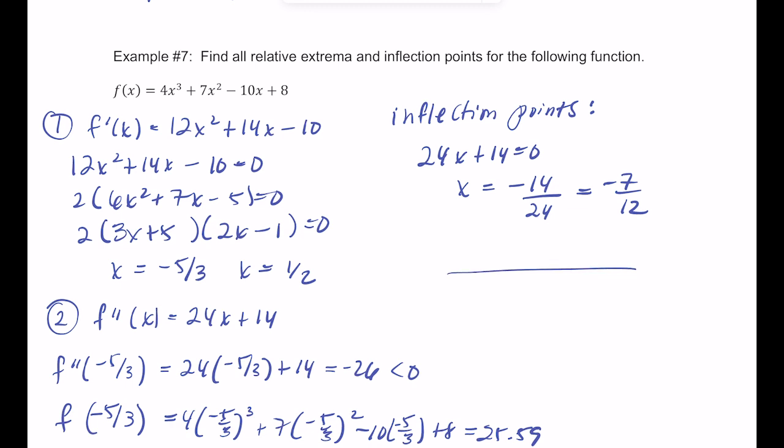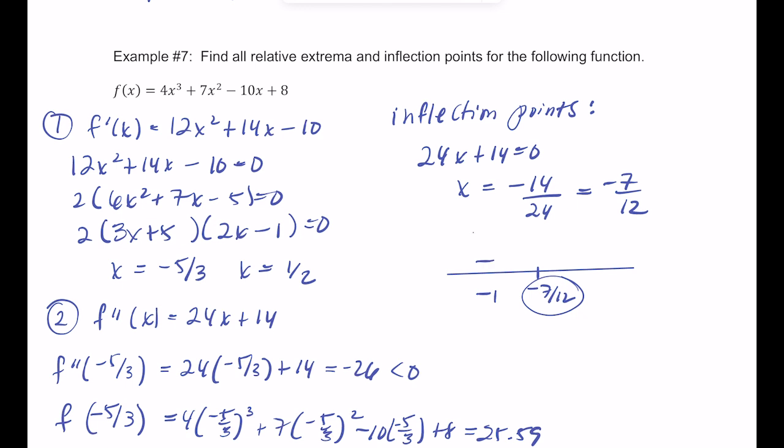Okay, so I want to look for sign changes, right? I would plug my test points in. So maybe like -1 and 0. And I'm plugging them into my second derivative. So a negative plus -24 plus 14 leaves me with a negative still.